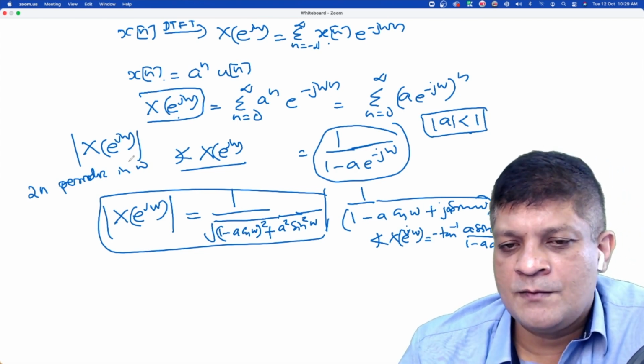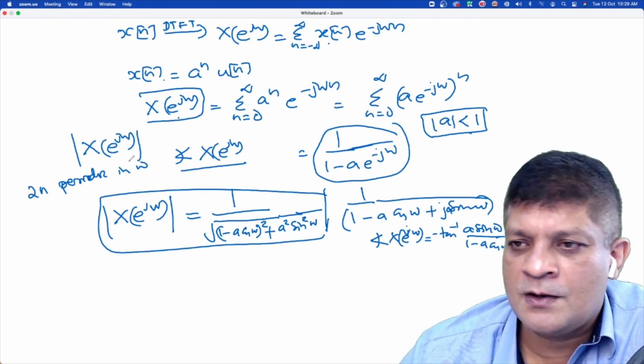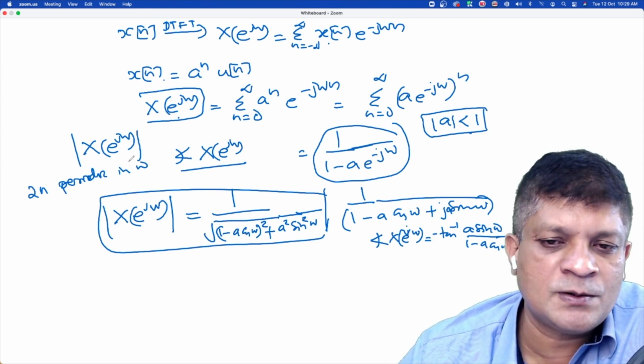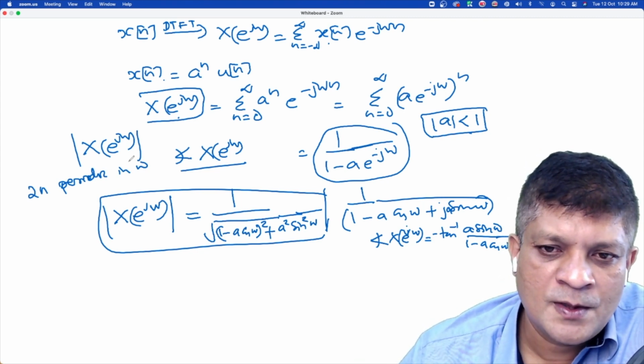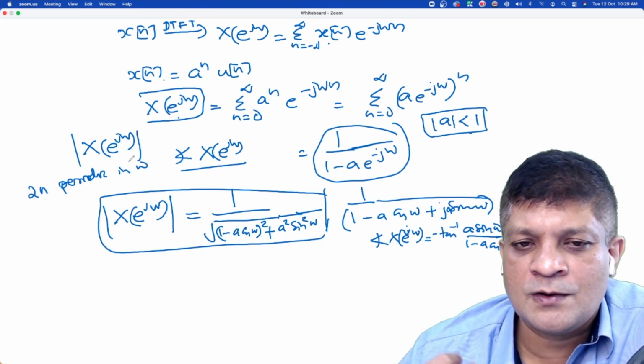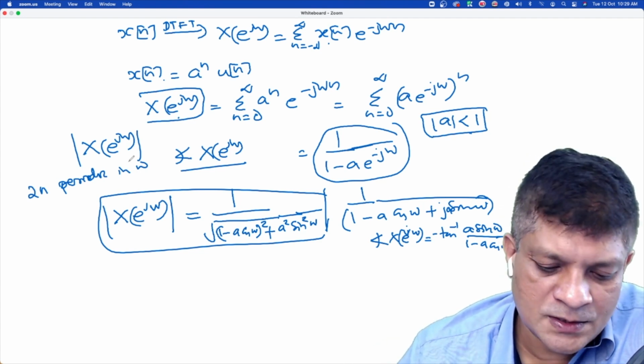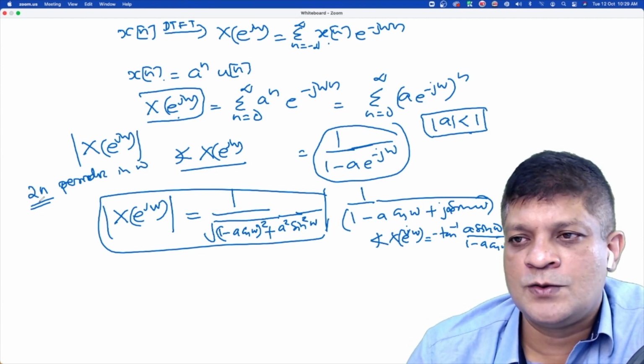And when we sketch this as a function of omega, since it is a periodic function in omega, we need to sketch it only for one period, that is any continuous interval of 2 pi.